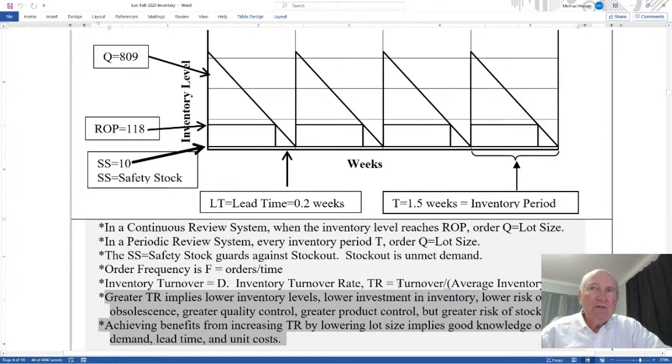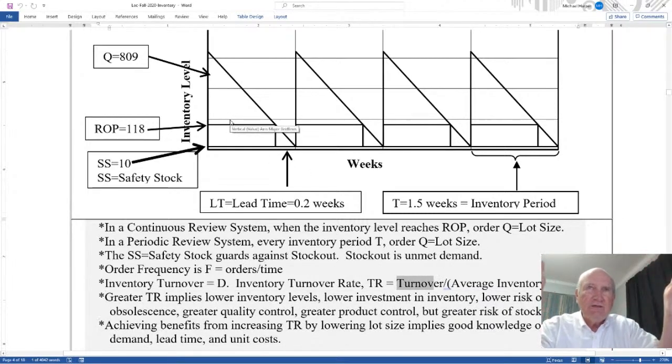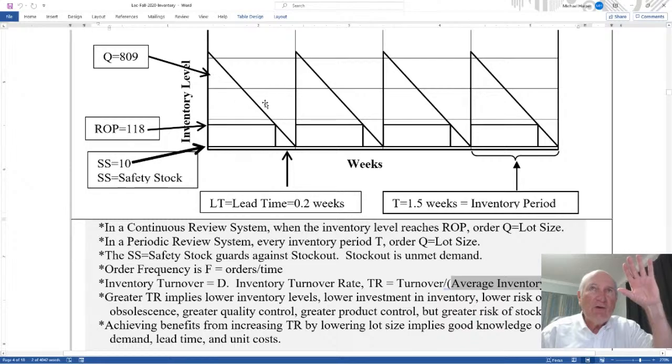Notice the turnover is the demand. That demand doesn't change. That demand just keeps coming. Well, how can you have higher turnover rates? Well, by having lower average inventory. How do you have lower average inventory? You lower your lot size.